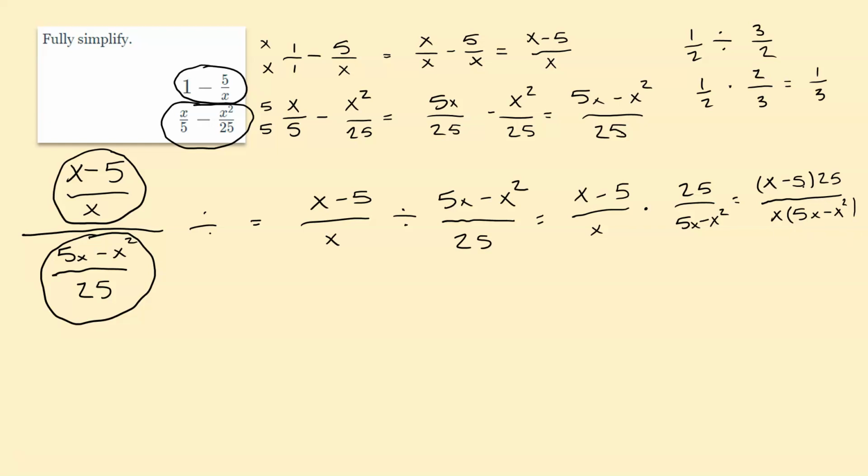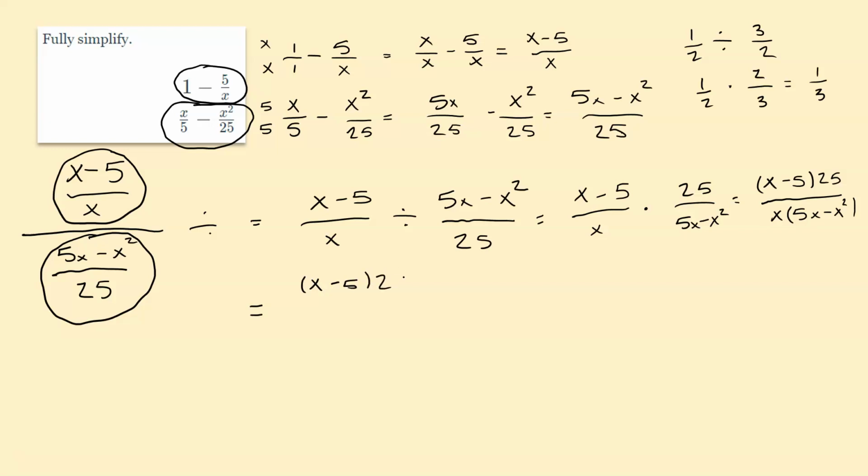Now notice I didn't actually multiply anything, I just combined it into one fraction. That's because you are likely going to have to simplify this. It does say fully simplify, so this answer is not going to be good enough. We're going to have to simplify it. So multiplying would just create some extra work for ourselves because then we'll have to factor again later.